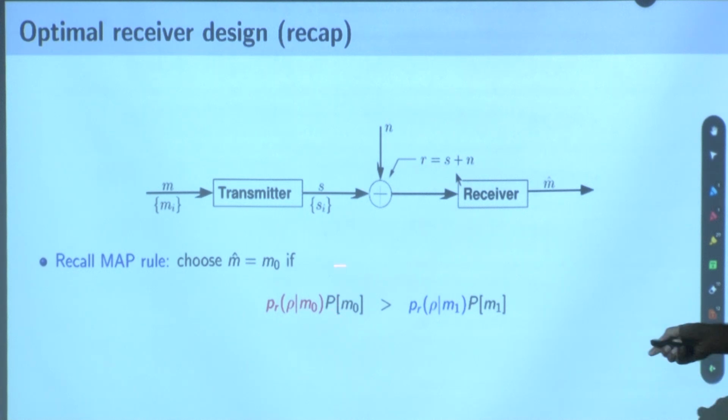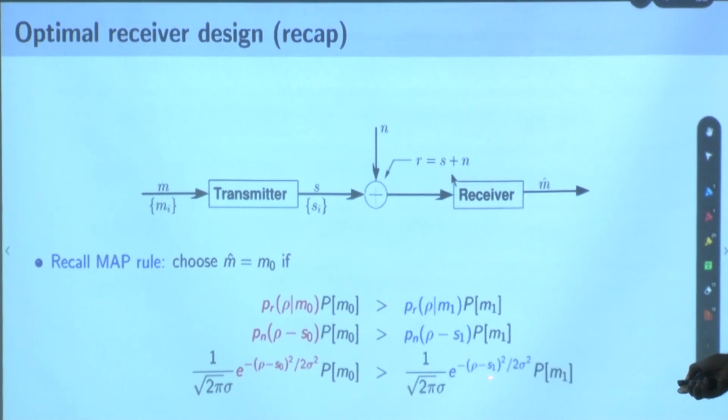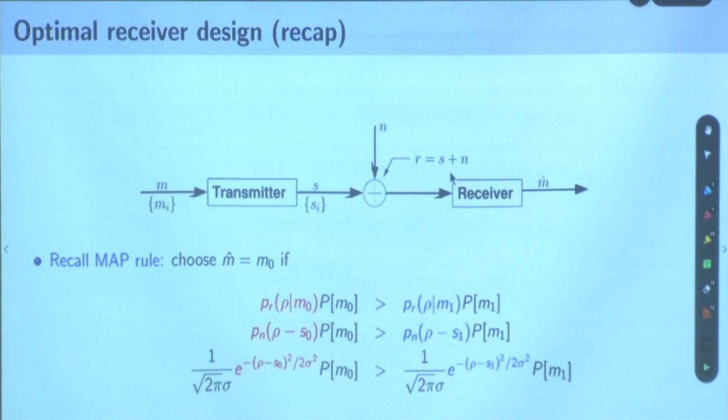Now this reduces as follows, which is what we calculated in the last class: the PDF of the received signal is the PDF of the noise shifted by S naught, given M naught was transmitted. Similarly on the right side, we have the PDF of noise shifted by S1 and scaled by P of M1.